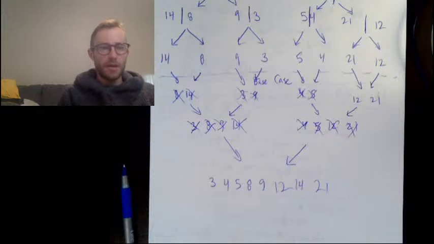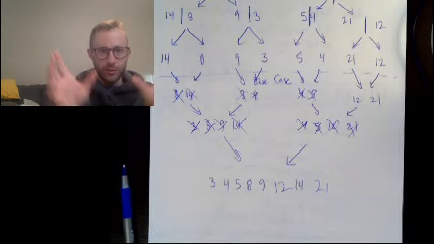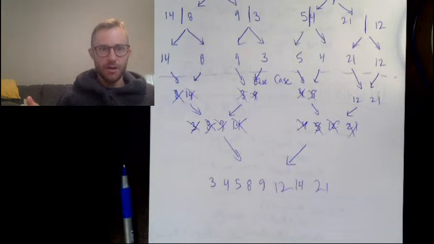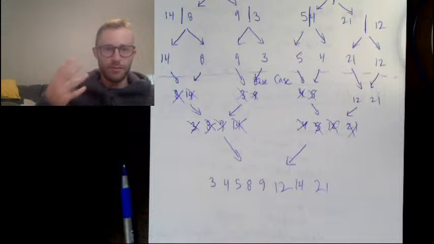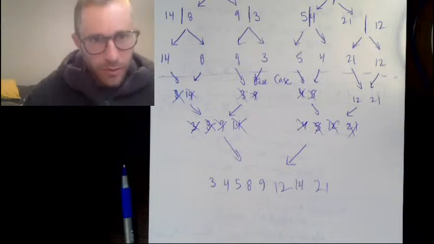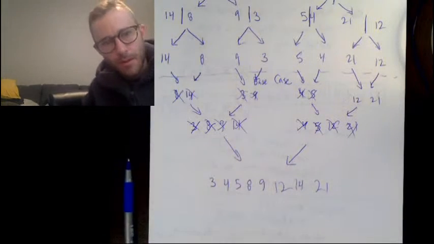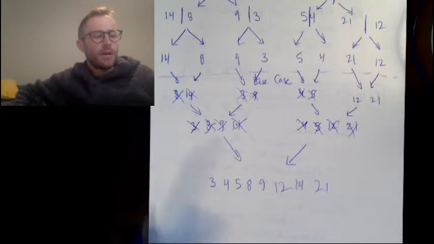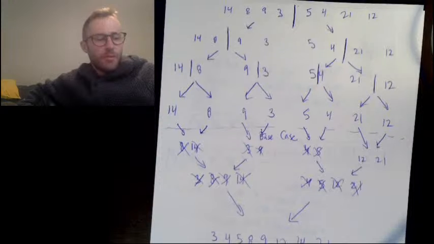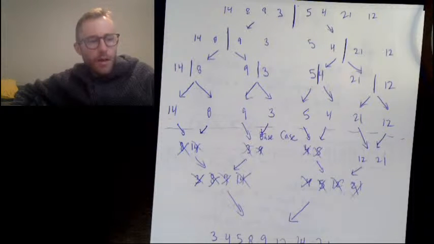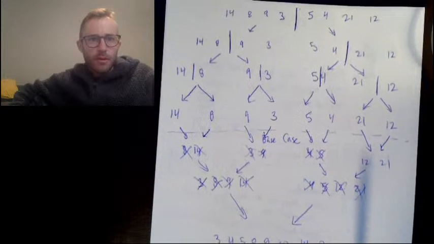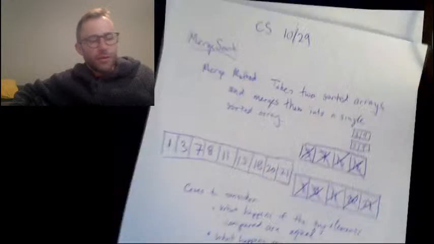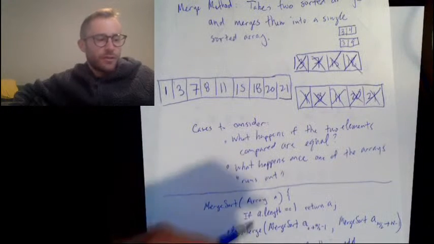All right? And so because it uses this sort of divide and conquer approach, it ends up being faster than selection sort, insertion sort, and bubble sort. Okay? So you're going to implement the merge sort. Okay? So I taught you about the base case.